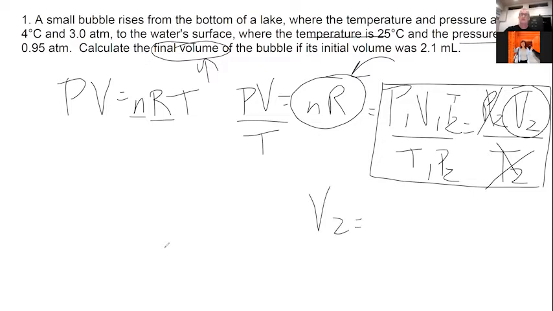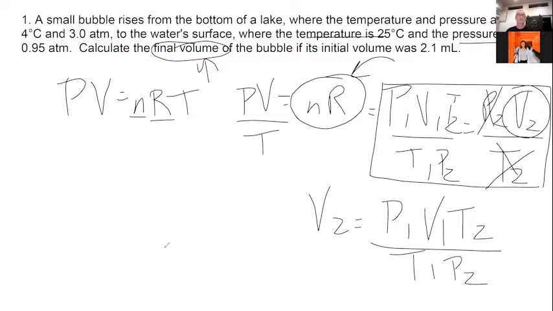So V2 is just equal to P1 V1 T2 divided by T1 P2. I didn't have to memorize it, which is nice, because I have trouble memorizing things. As you memorize these things, I find I get them wrong a lot. Like I'll flip something. If I derive it this way, I generally don't get it wrong.